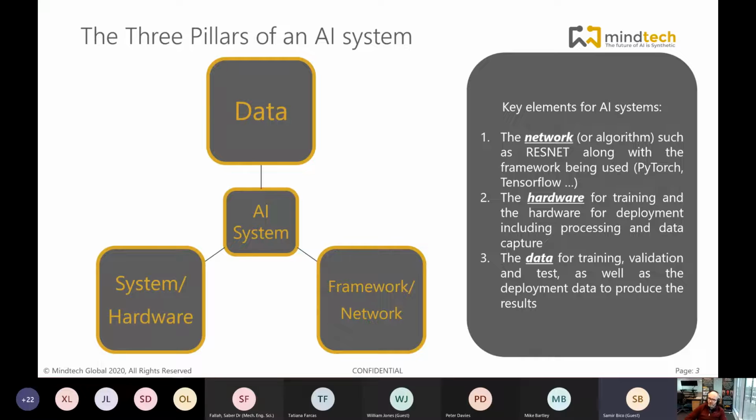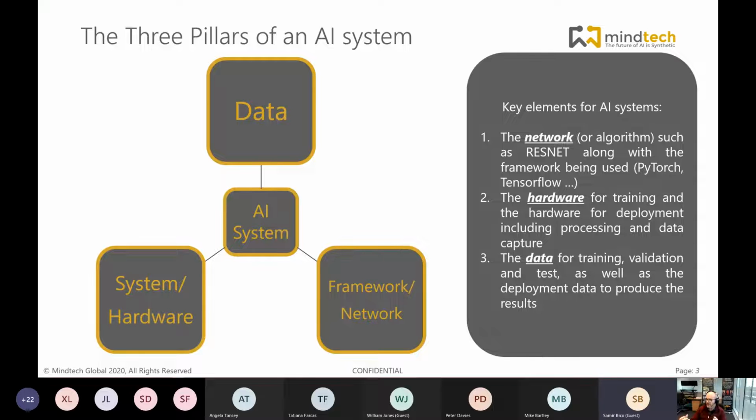So there are three main pillars to an AI system. We have the system and the hardware, and that is both from a training perspective as well as an inference perspective, so both where you're going to do the training and where you're going to do the deployment.